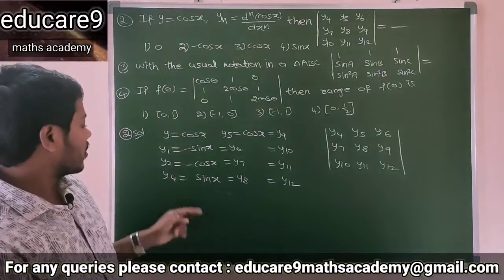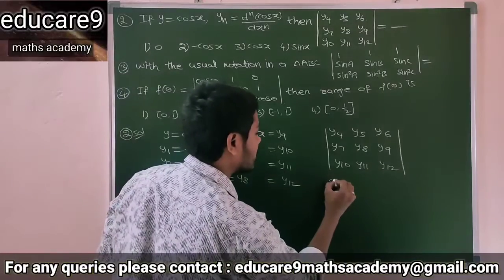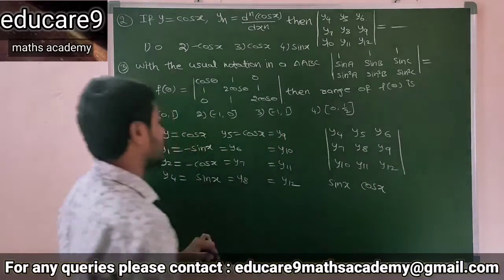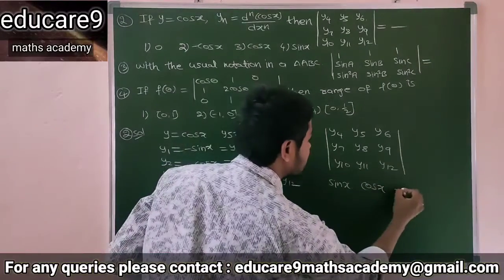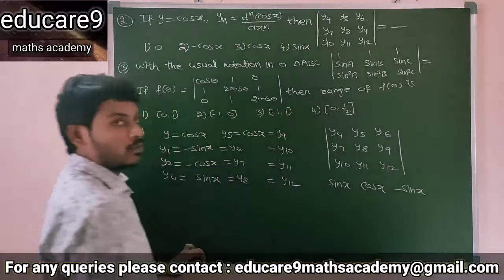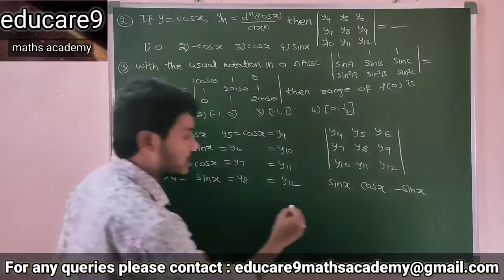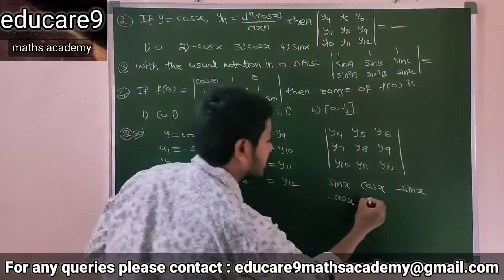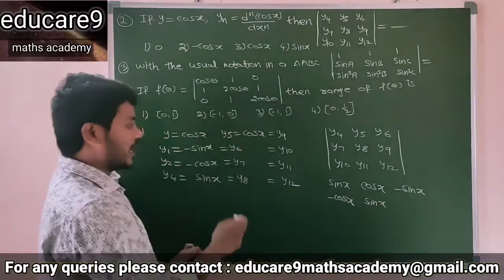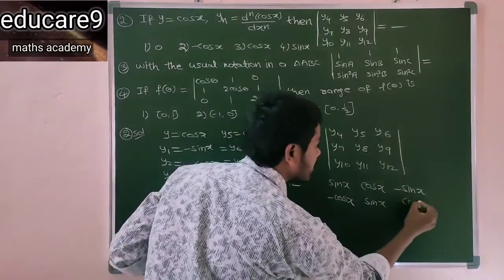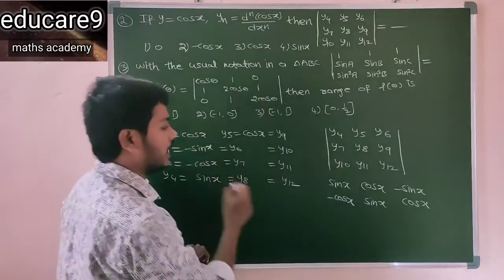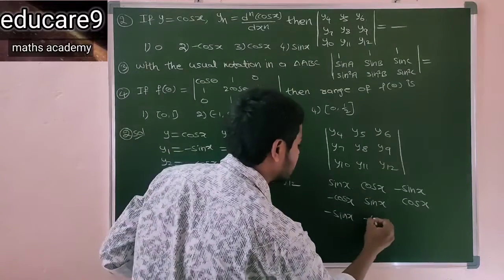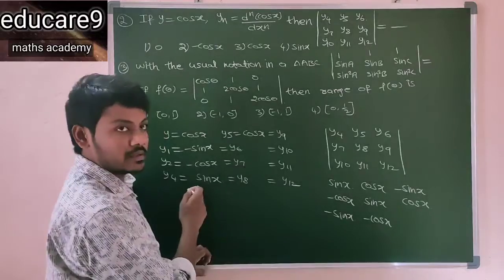So what is y4? y4 is sin x, and y5 is cos x, and y6 is minus sin x, and y7 is minus cos x, and y8 is sin x, y9 is cos x, y10 is minus sin x, next y11 is minus cos x, y12 is sin x.